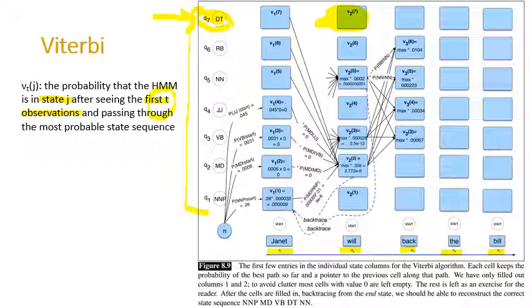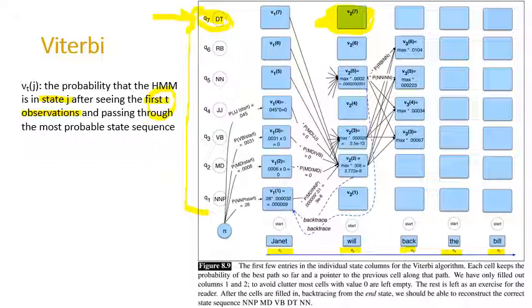Let me say it in other words. It is the best sequence probability that leads us to this position. What is the best sequence probability that we have had such that now we are at the second word, state 7?